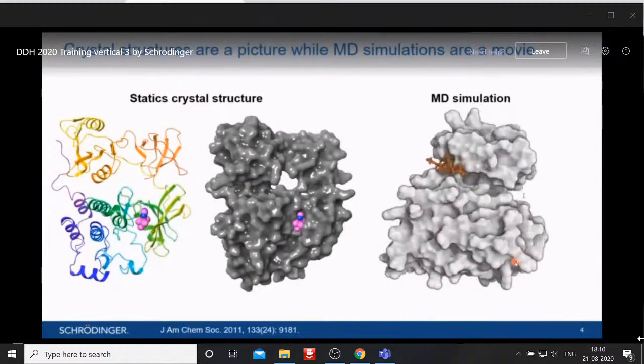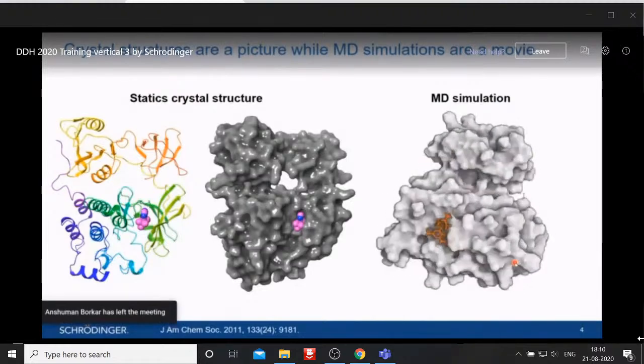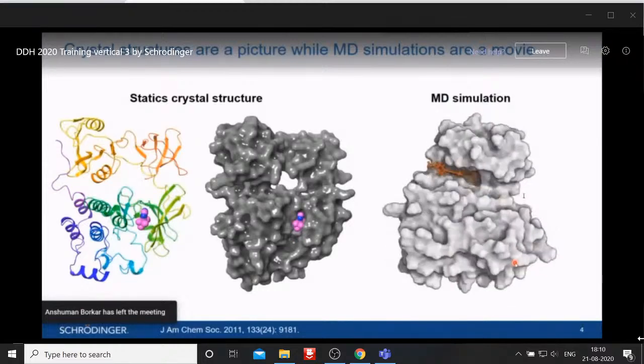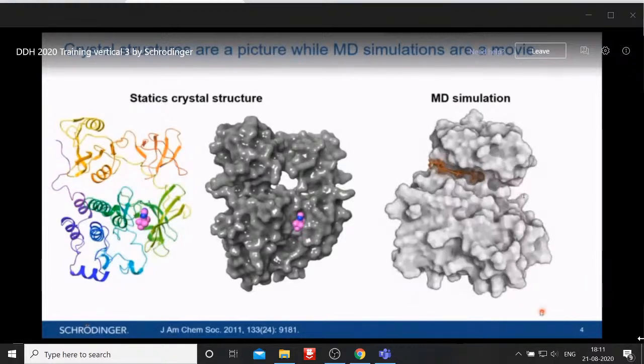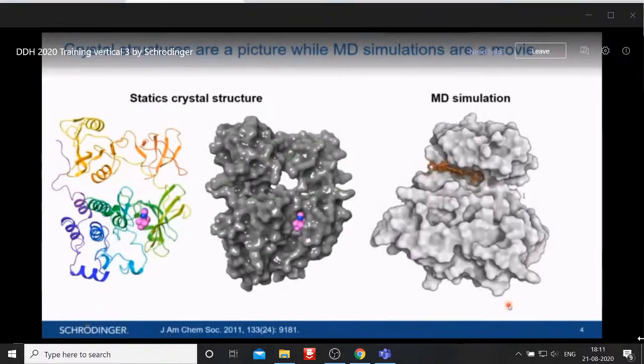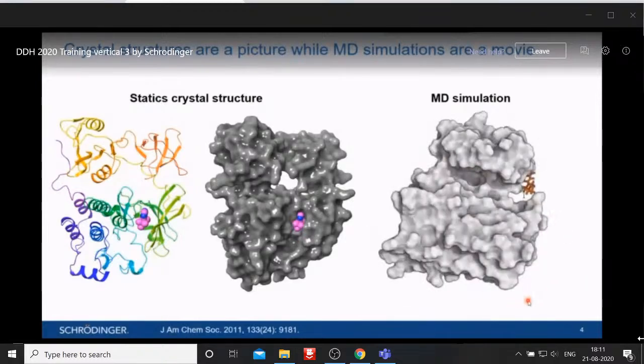By using MD simulation methodology, we can mimic the biological environment and the flexibility of the protein, and allow the ligand to fit on its own. That needs really long MD simulation, as in the study published in JACS in 2011 by the D.E. Shaw group, and it's a really interesting paper to see.